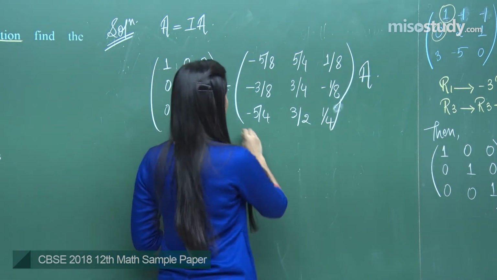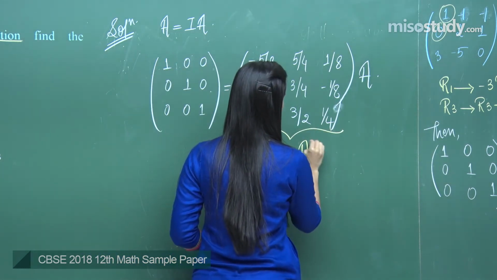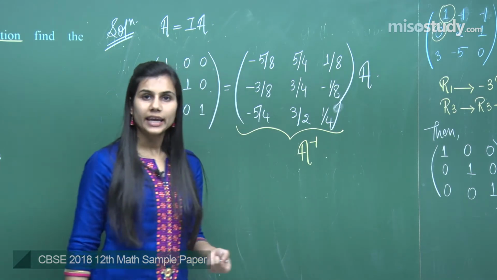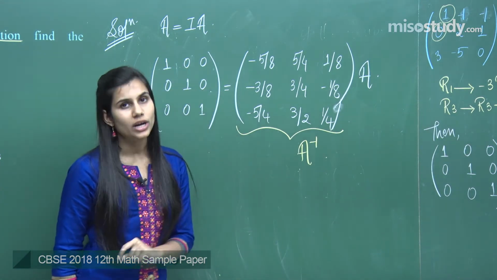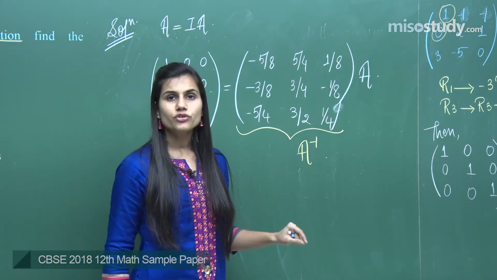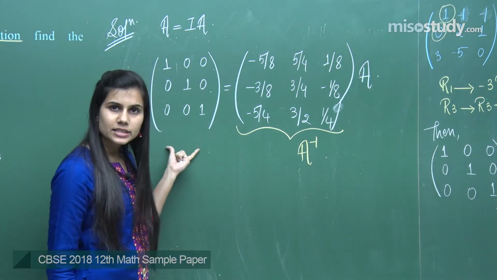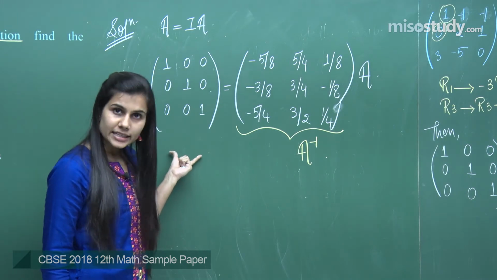And this is what is your A inverse, which you will be obtaining by the row transformations. By those row transformations, you converted this left hand side, which was A, into the identity matrix.